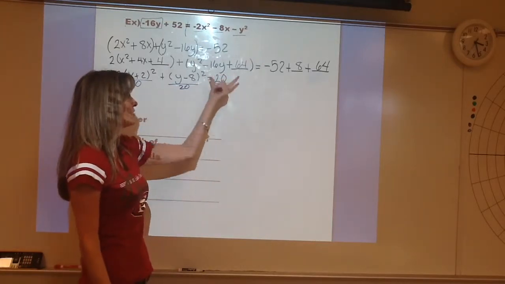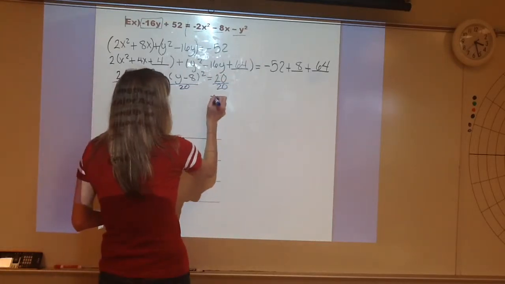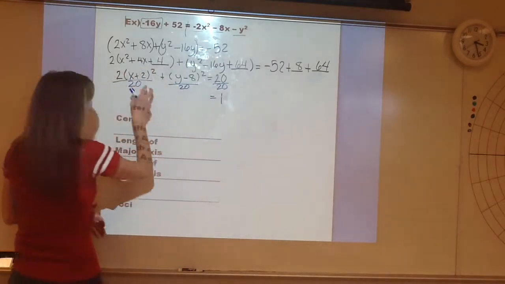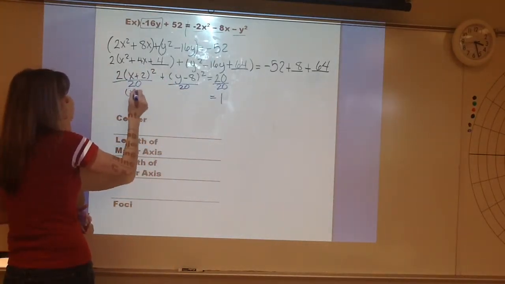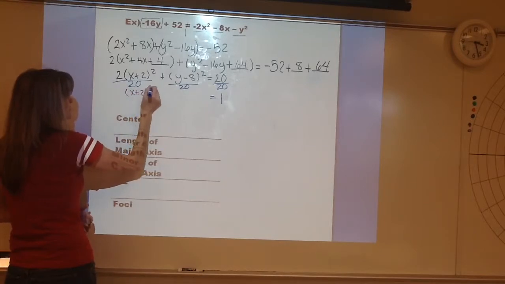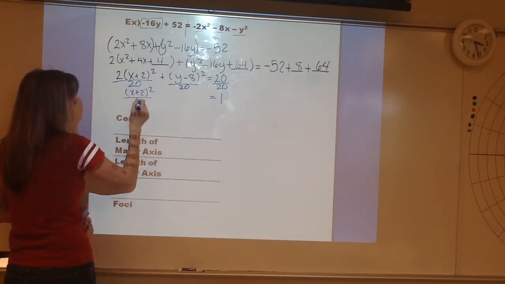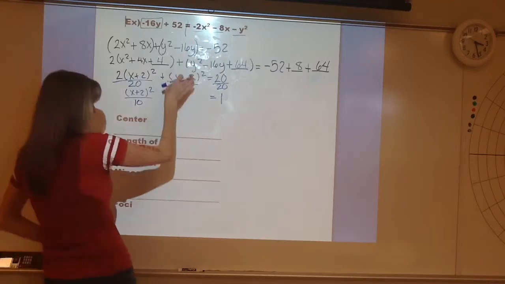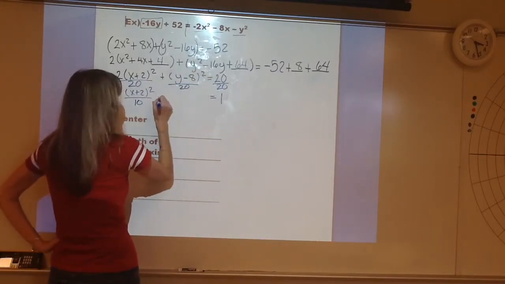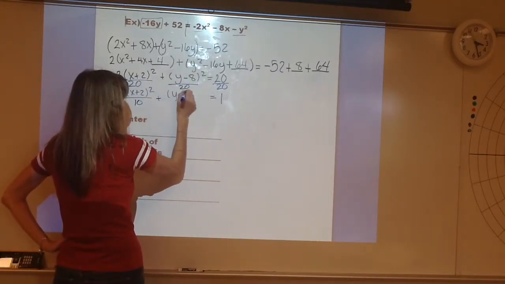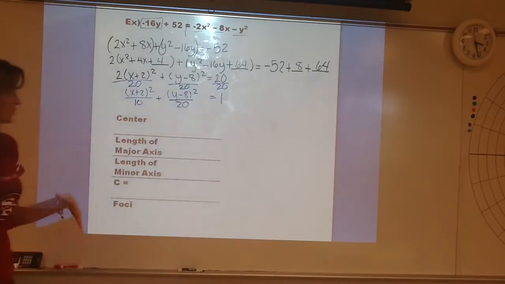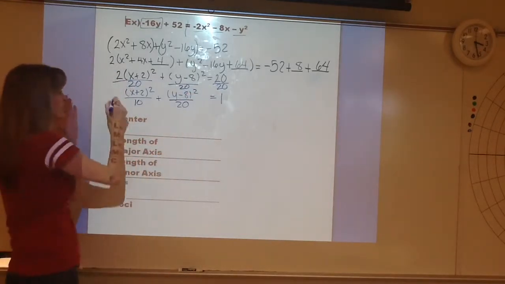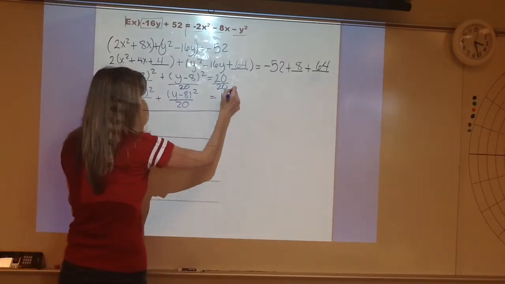And now look, 20 divided by 20 is 1. I need to reduce this fraction, so it becomes (x plus 2) squared over 10. I need to reduce this fraction, which it doesn't, so it's just going to be (y minus 8) squared over 20. Whew. Okay, so now this is the equation.